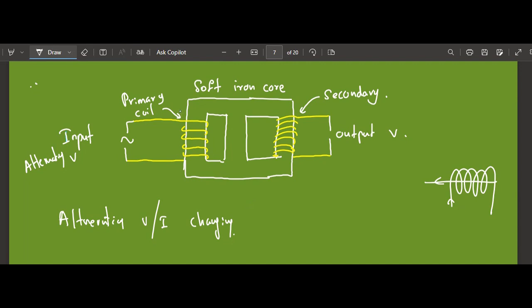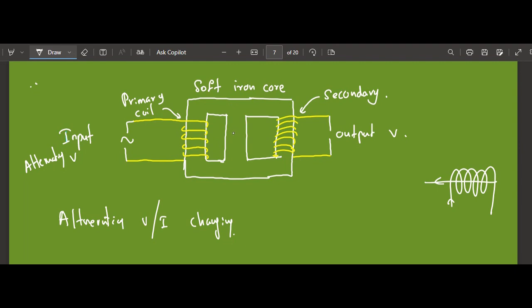Now this coil is wrapped around a soft iron core. Because of this magnetic field, the iron core also becomes a magnet. We discussed that the magnetism in soft iron is not permanent.